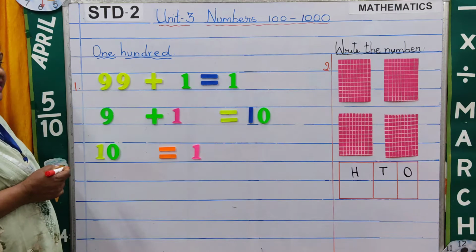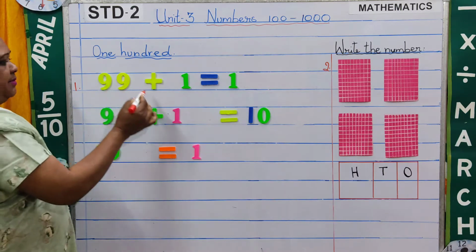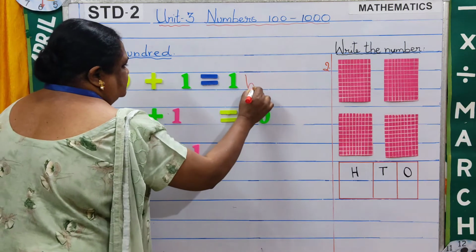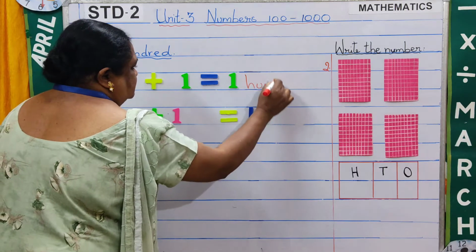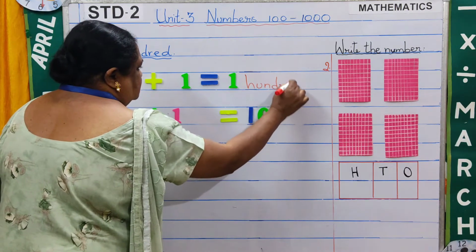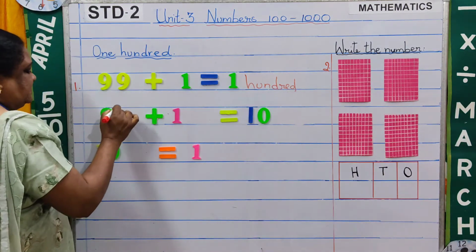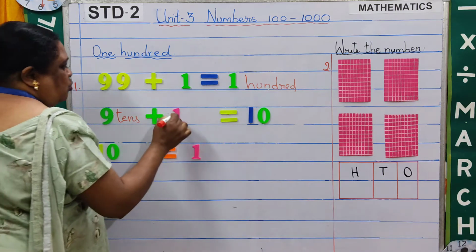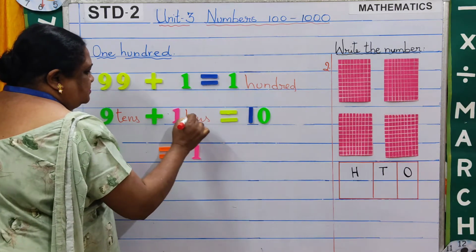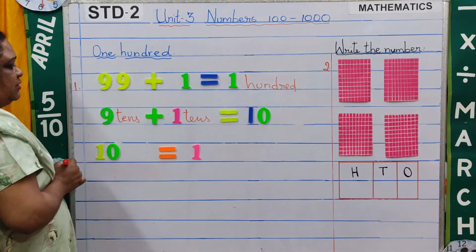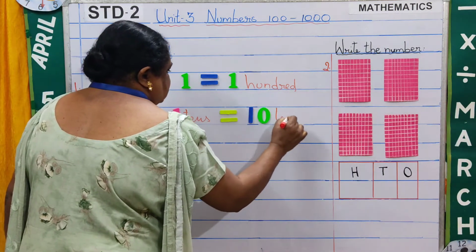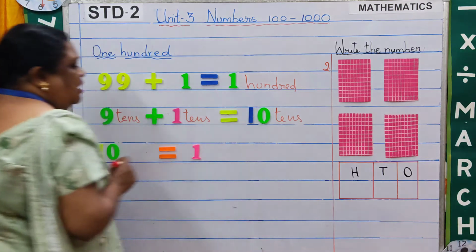Now we can also write 100. 99 plus 1 is equal to 100. Nine tens plus 1 ten is equal to 10 tens, which is also 100.